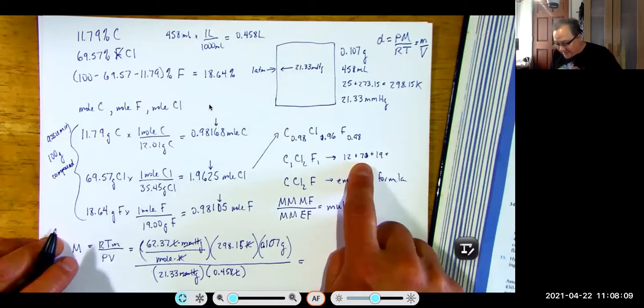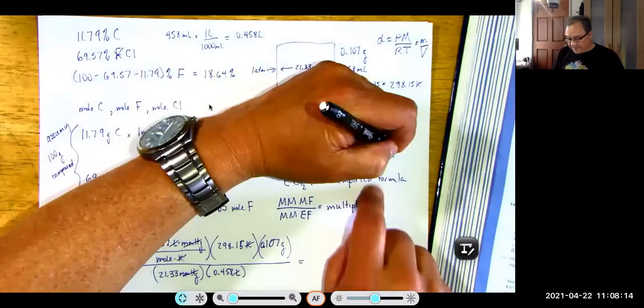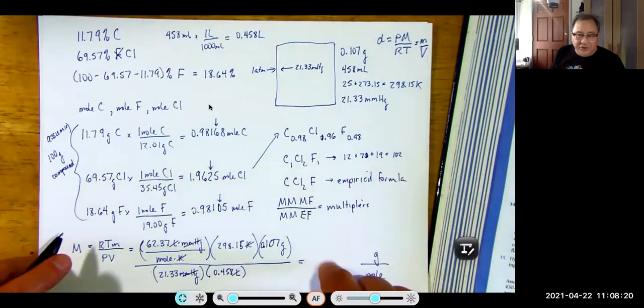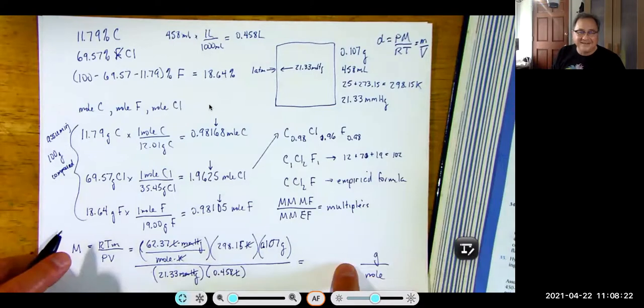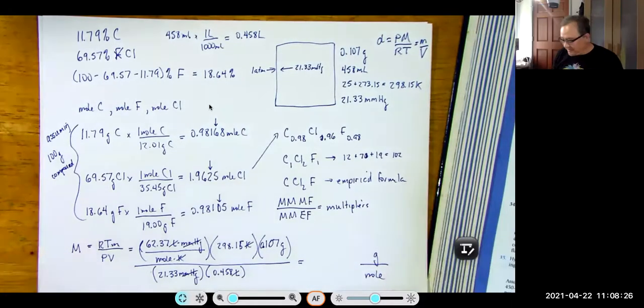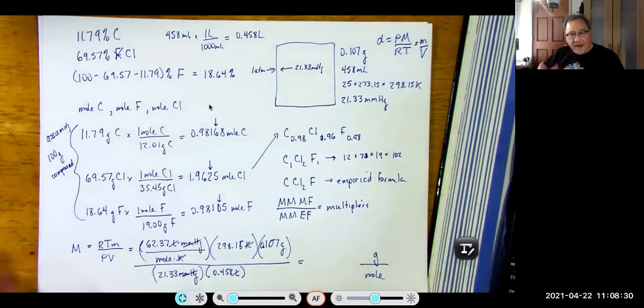Actually, that's going to be 102, right? So if we know this number is about 180 and that's 102, this number is probably going to be closer to 200, right? Yeah. Because 200 divided by 100 means the multiplier is 2. But let's go ahead and carry on and make sure that we're on the right track.